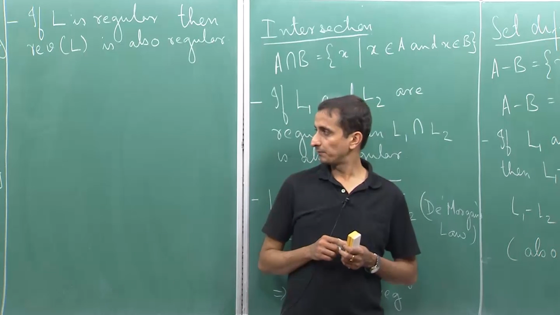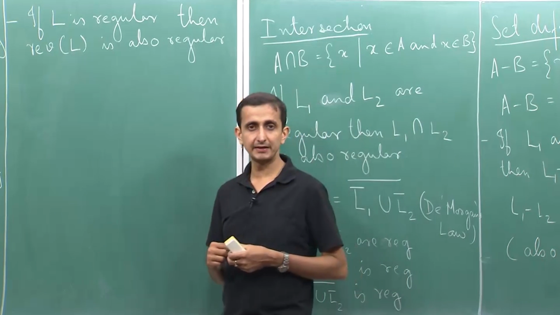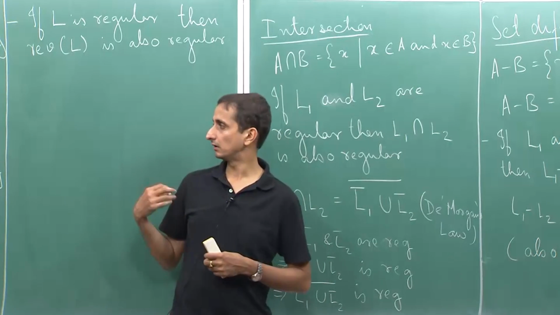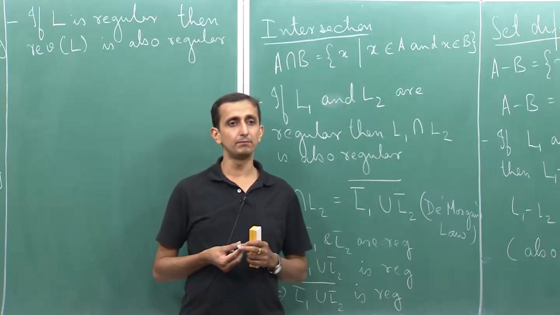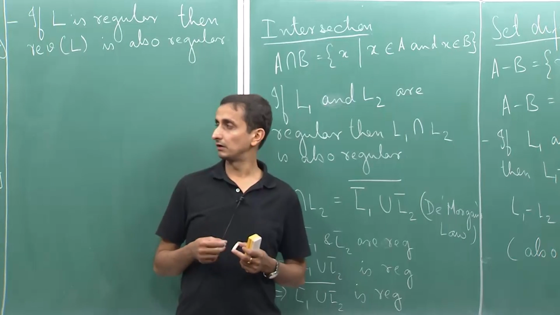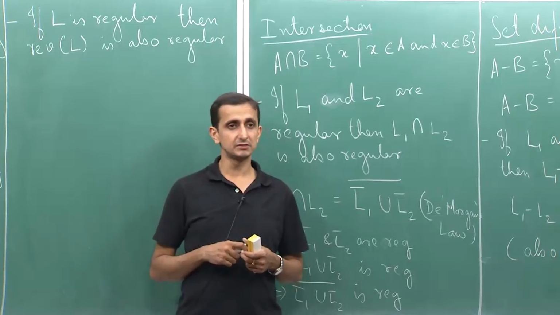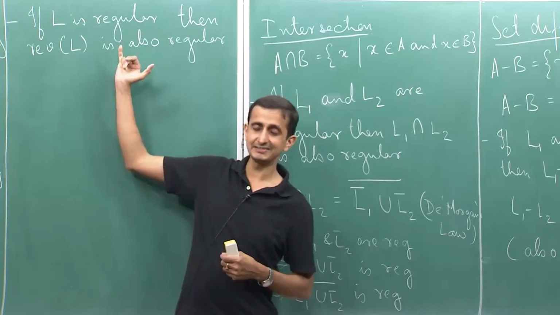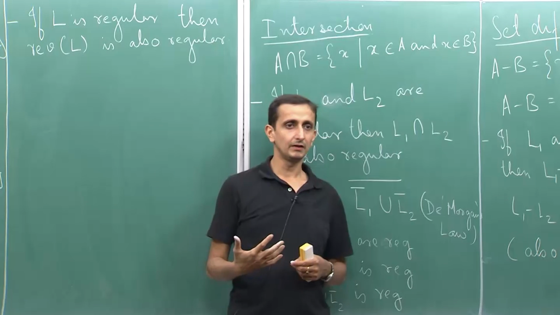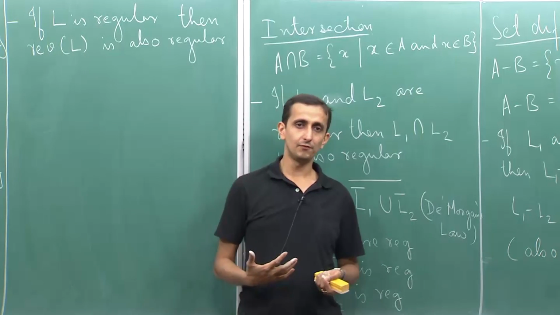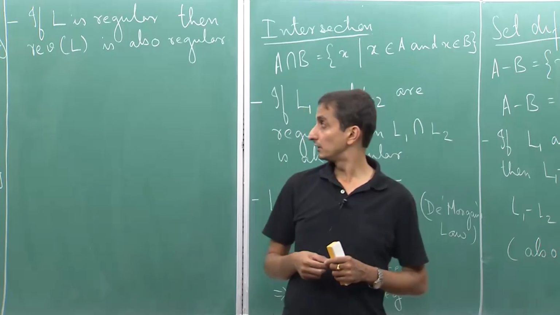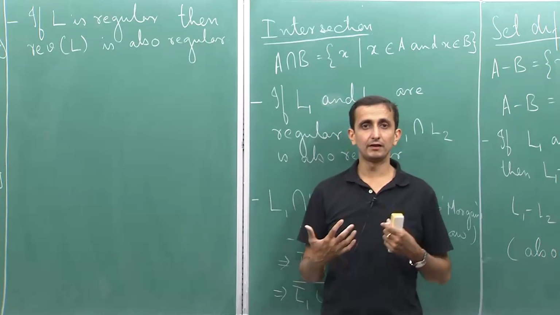We will prove this by giving a construction. Like the way we showed that regular languages are closed under complement, we will assume that since L is regular, there is a DFA for L, and using the DFA for L, we will construct an automaton for reverse of L. How do we construct an automaton for reverse of L?